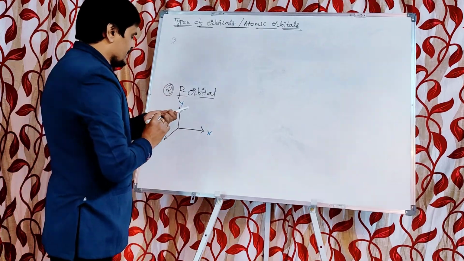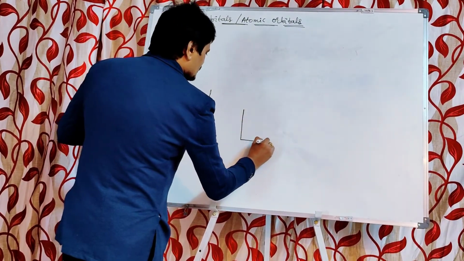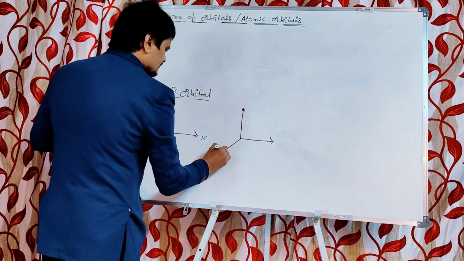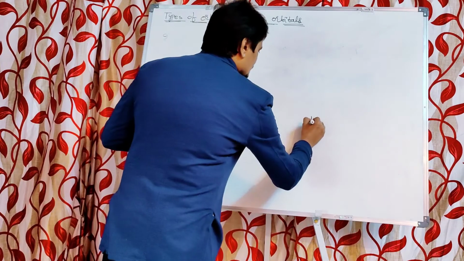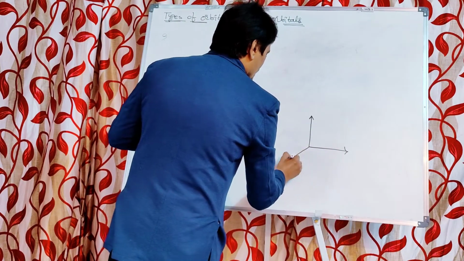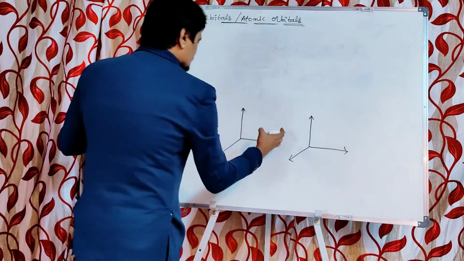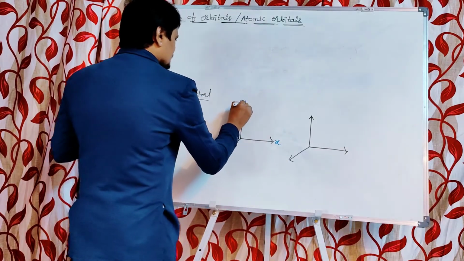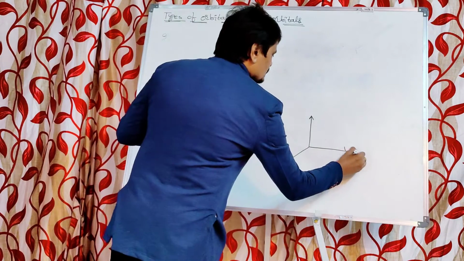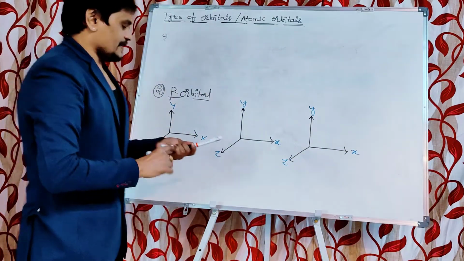As we have three p orbitals, let us draw the three axes three times: x-axis, y-axis, and z-axis.